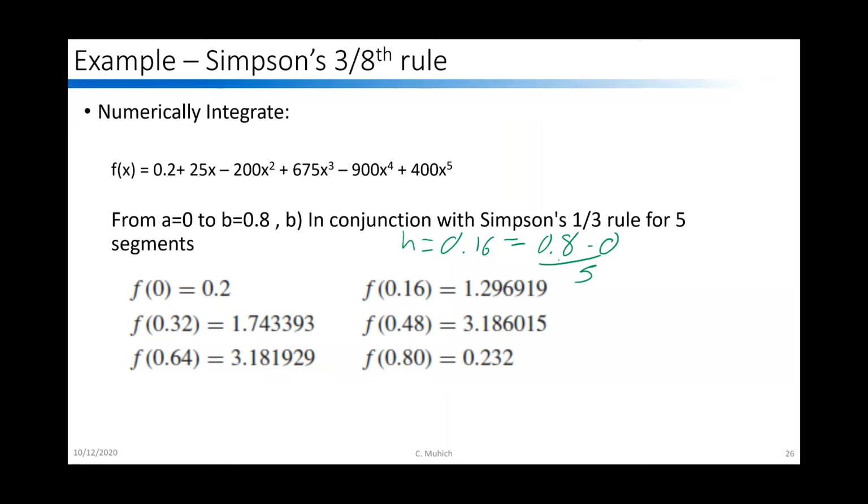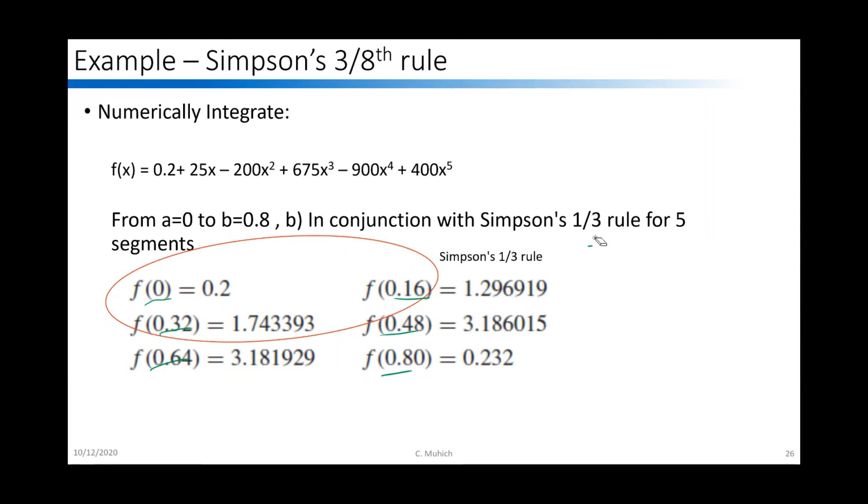I've already calculated the appropriate numbers for our x's, and I've put the numbers into this table. We need to identify which pieces we're going to use for Simpson's 1/3 rule.